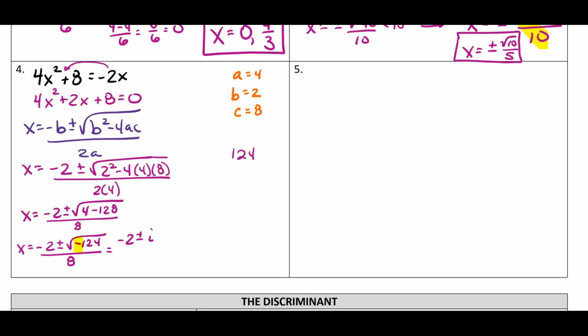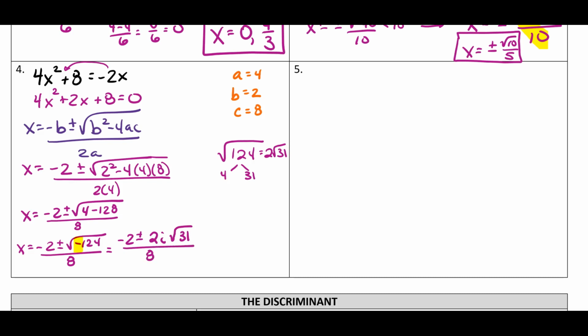So I need to see if there are any perfect squares in 124. And the fact that it divides by 4 and 31 tells me that there is a perfect square of 4. So that means the 2 is going to come out. So this square root of 124 actually equals 2 square root of 31. So instead of just putting an i there, I'm going to put 2i square root of 31 all divided by 8.